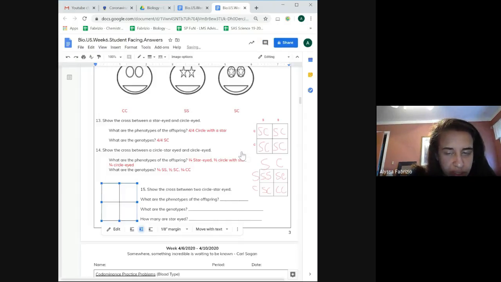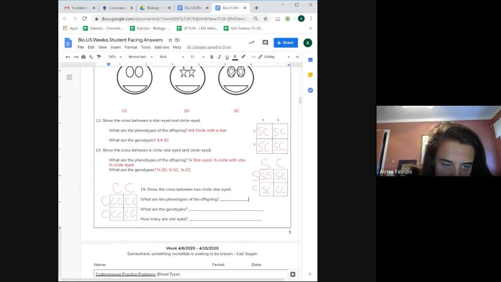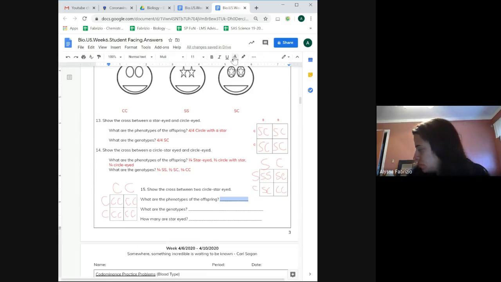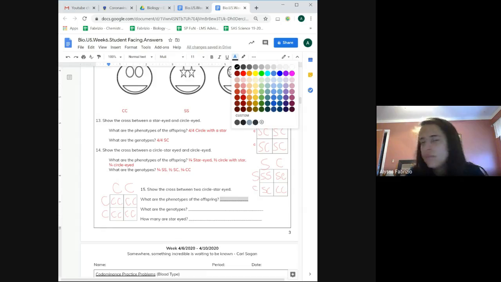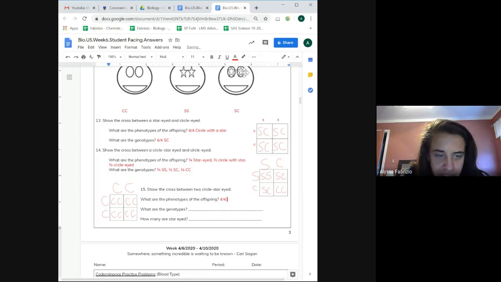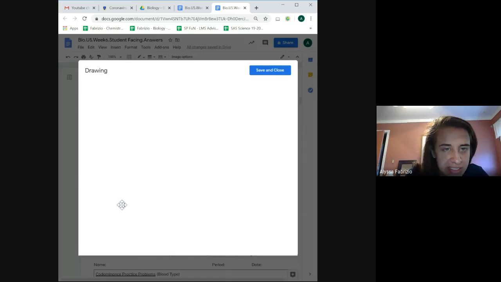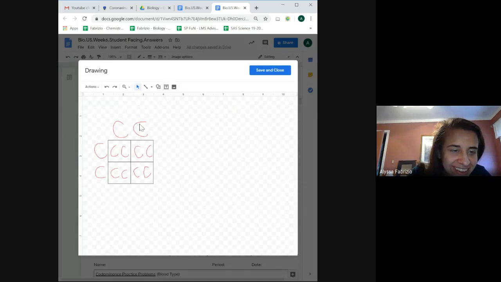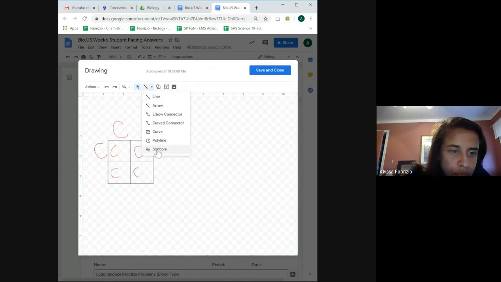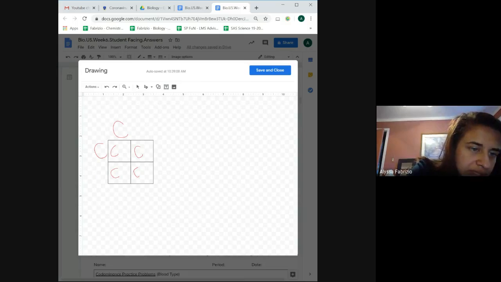So they all would be homozygous for the C. So the phenotype, 4 out of 4 have circle. Right. Oh, between two circles, star-eyed. That's my bad. I thought it said circle-eyed with a circle-eyed. Okay. So it's CS.